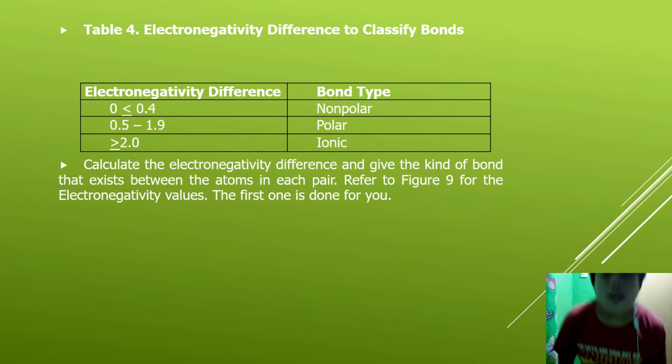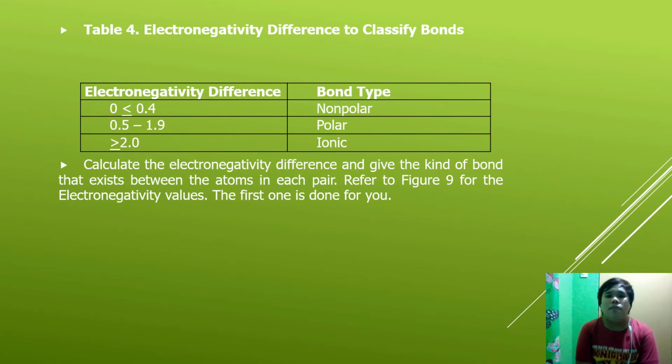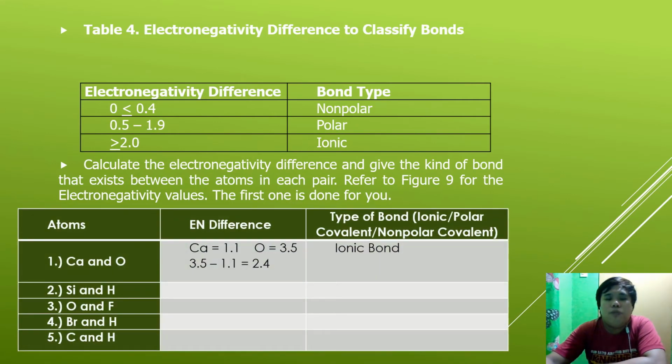Example: calculate the electronegativity difference and give the kind of bond that exists between the atoms in each pair. To get the values for each element, you have to see figure 9, the one I showed a while ago. First example, calcium and oxygen. The electronegativity value for calcium is 1.1 and for oxygen is 3.5.